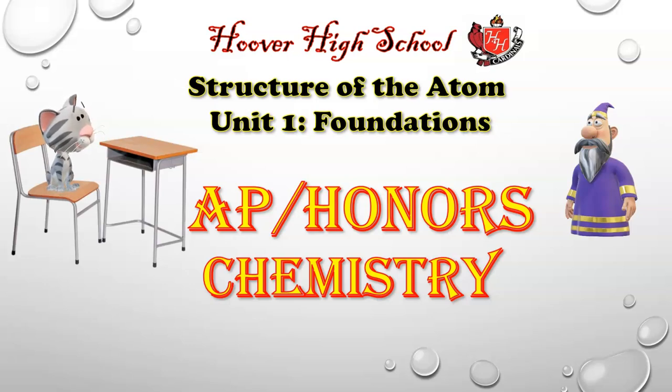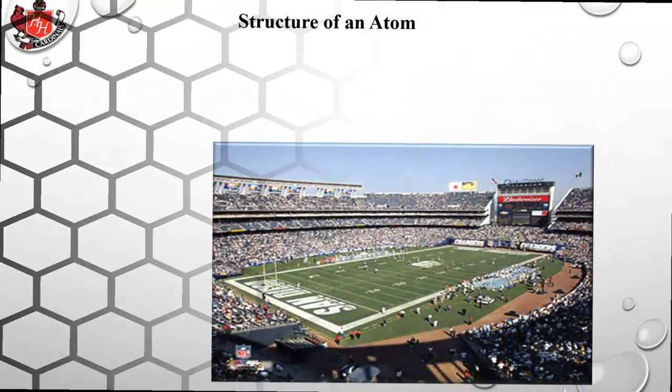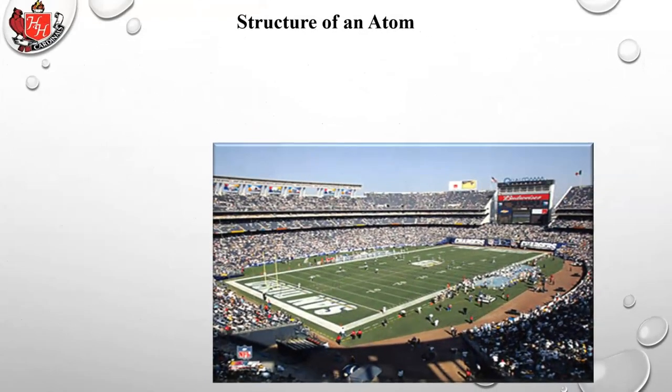Okay, chemistry, we're going to spend this lesson talking about some of the ways that an atom can be changed. So we talked about Rutherford's gold foil experiment, and one of the things it discovered was that an atom is mostly empty space.